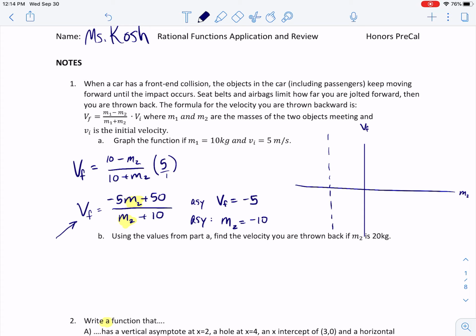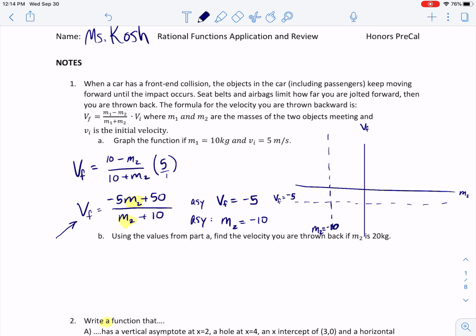And then the other asymptote is v sub f equal to negative 5. But really, all we care about is quadrant 1, because it doesn't make sense to have a negative mass. We could have a negative velocity, but anyway, typically we stay in quadrant 1.